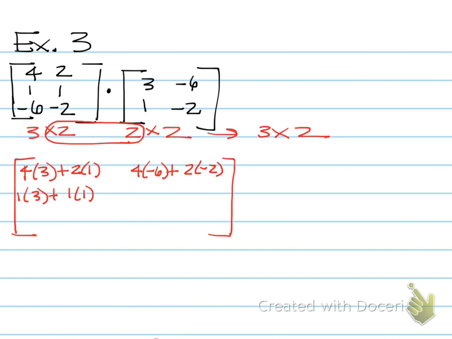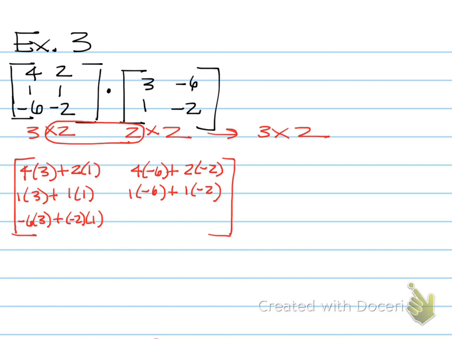And then go on to the second row of the first matrix. Multiply that by each column of the second matrix. Second row of the first matrix times the first column of the second matrix is 1 times 3 plus 1 times 1. Second row of the first matrix times the second column of the second matrix, 1 times negative 6 plus 1 times negative 2.